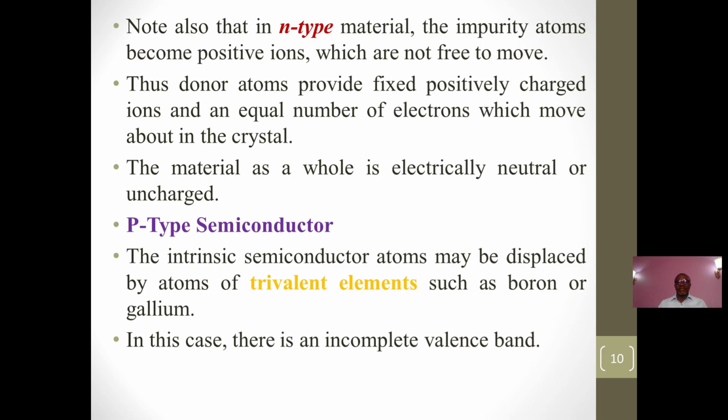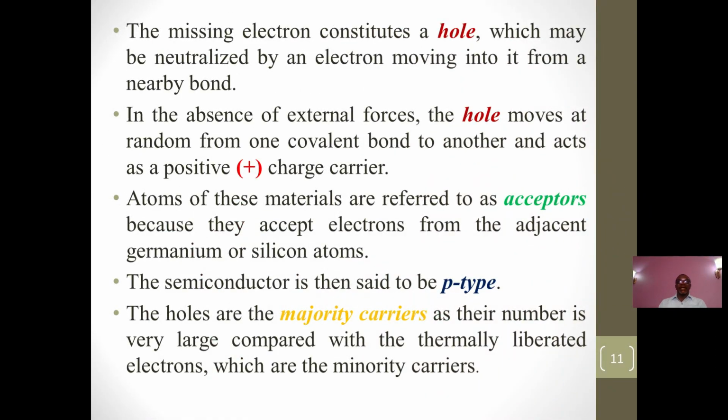In this case, there is an incomplete valency band. The missing electron constitutes a hole which may be neutralized by an electron moving into it from a nearby bond.